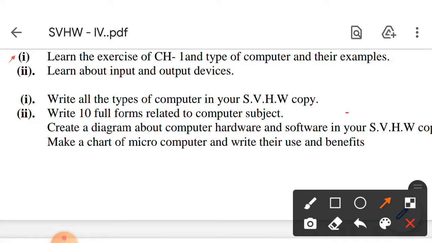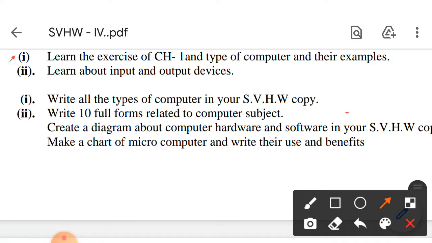And the next activity is you have to write all the types of computer in your SPSW copy. Okay. And the project activity is write 10 full form related to computer subject.